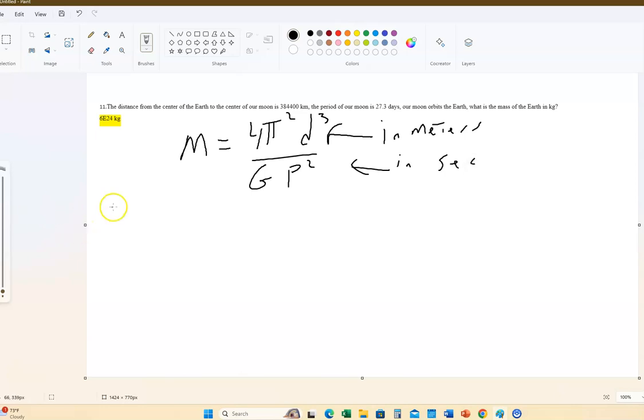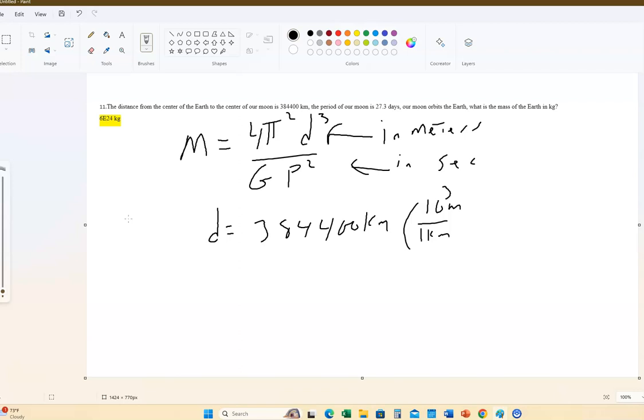All right, so that's the only thing. The distance is not hard to change. That's pretty simple. So it's going to be 384,400 kilometers. And so to change that, we know that in 1 kilometer there are 10 to the third meters.